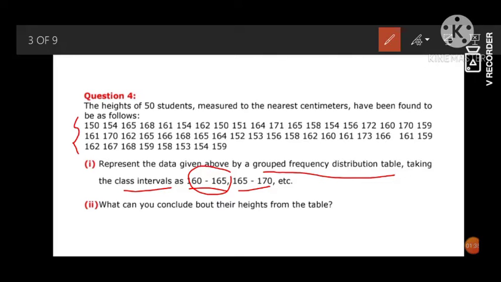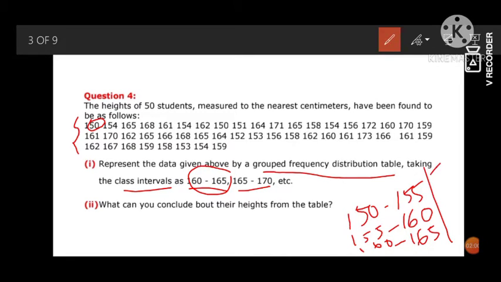So clearly there is no number less than 150. So the first class interval will be 150 to 155, then 155 to 160, then 160 to 165 and so on. Like this our class intervals will be formed.